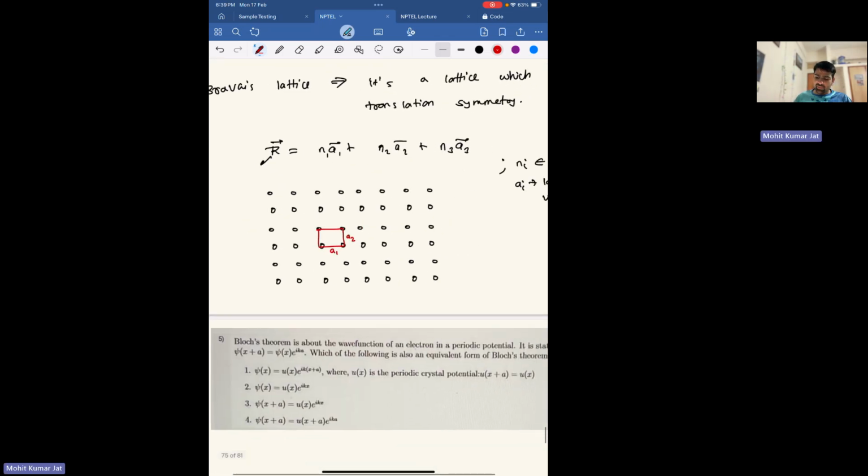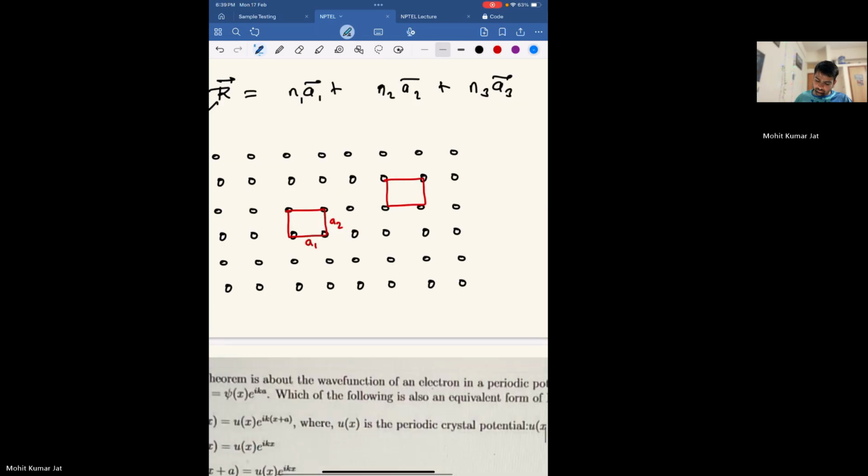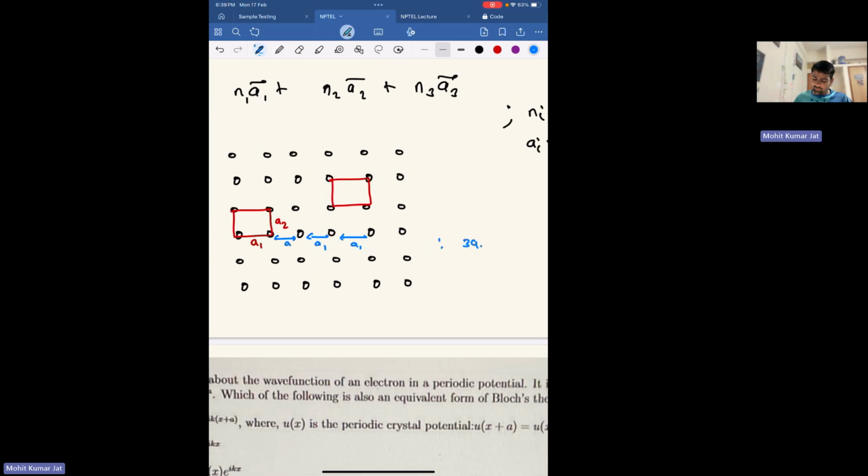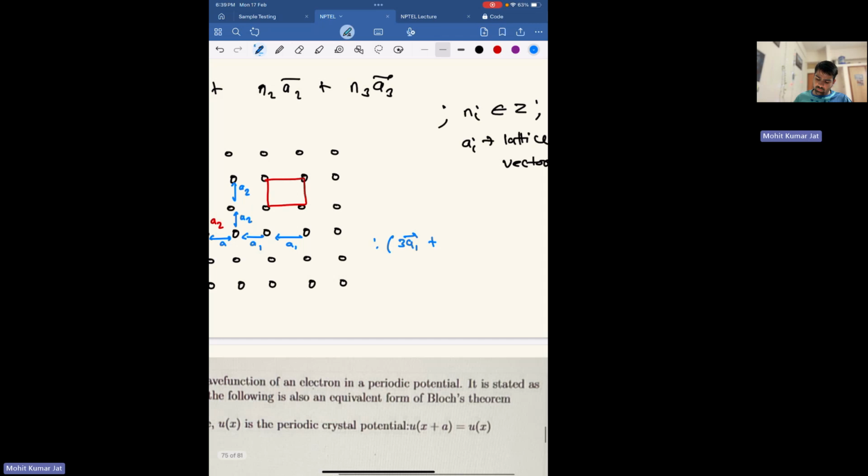If I translate it by integers, this is A1, this is also A1, so it will be a translation of 3A1 plus 2A2.